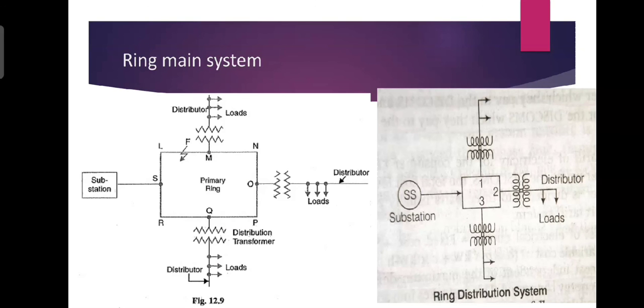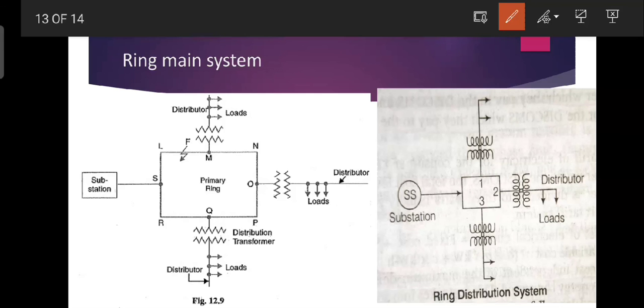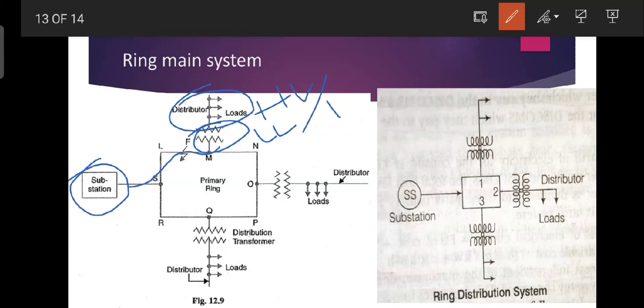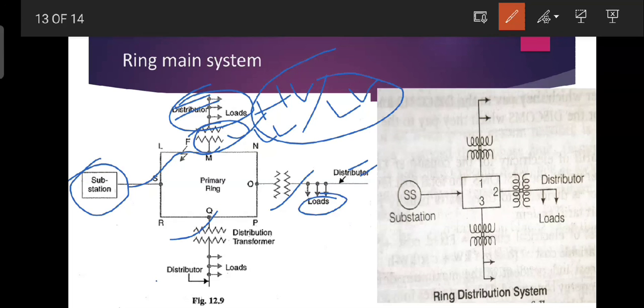And then come to ring main type. Ring main type means there is a substation and there is a distribution load connected with a transformer, not low voltage, it converts high voltage to low voltage. It is a step down transformer. This is one step down, this is one step down, this is one step down distributor transformer, and those are the distributors with connected load.